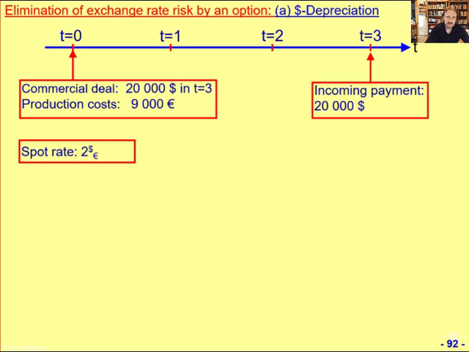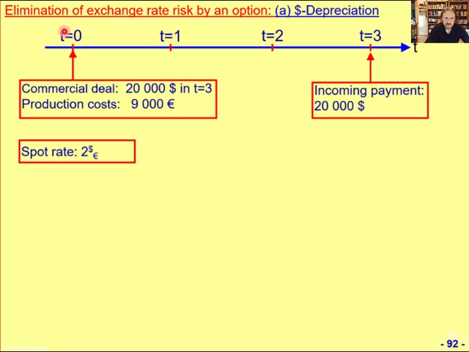Another possibility to eliminate the exchange rate risk is a currency option, which allows the exchange of dollar to euro 3 months from now at an exchange rate fixed in advance in the present.